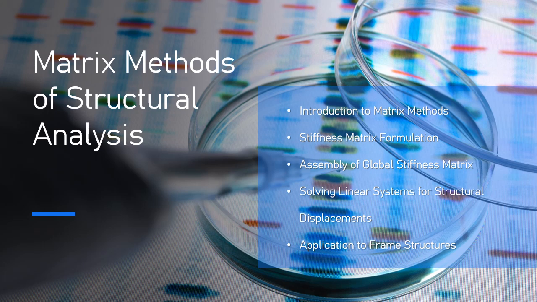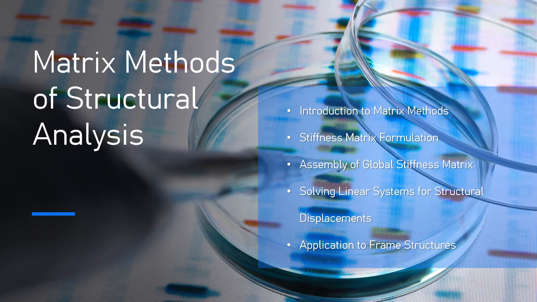The transformation matrix T is used to rotate the local stiffness matrix into the global coordinate system. The general procedure is K_global = Tᵀ K_local T, where T is the transformation matrix, which depends on the angle of the element relative to the global coordinate axis.